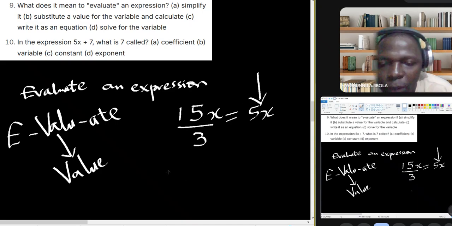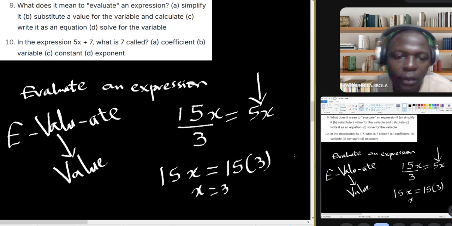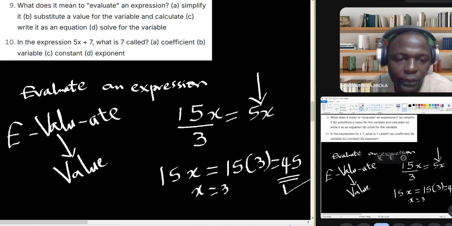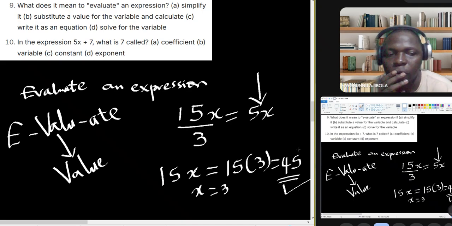But if you have 15x and you now say equals 15 times 3 because x equals 3, then you now say equals 45. You arrived at a value in the end, yes or no?